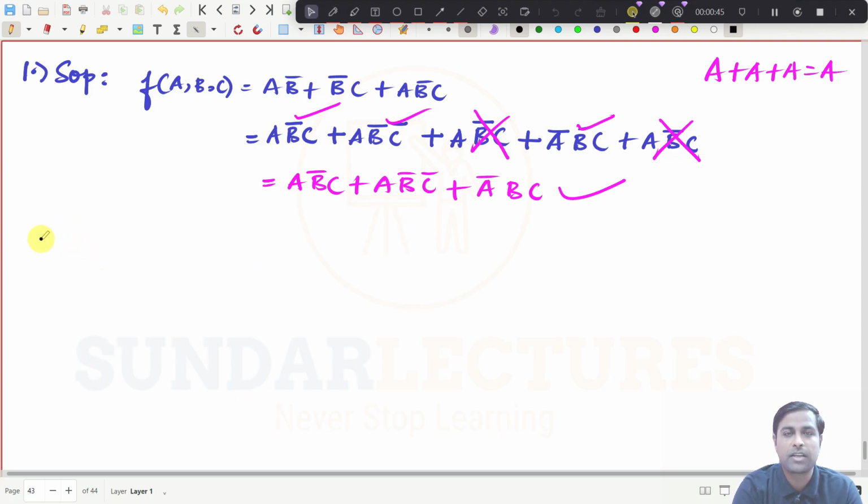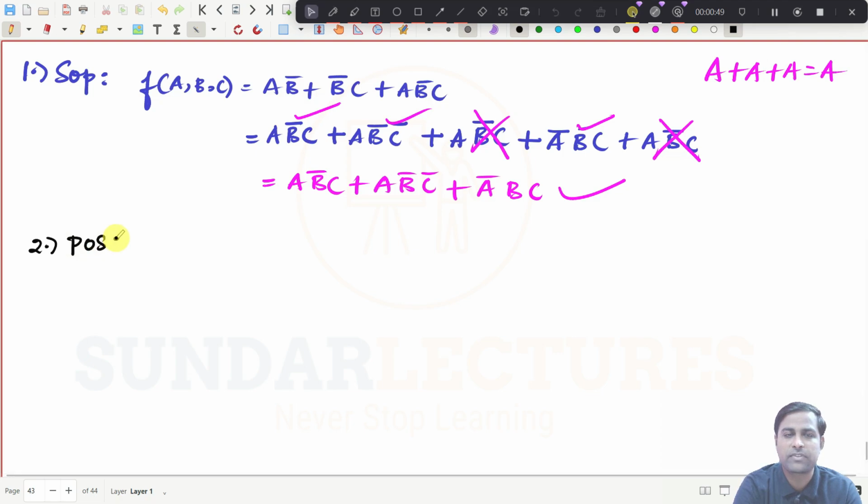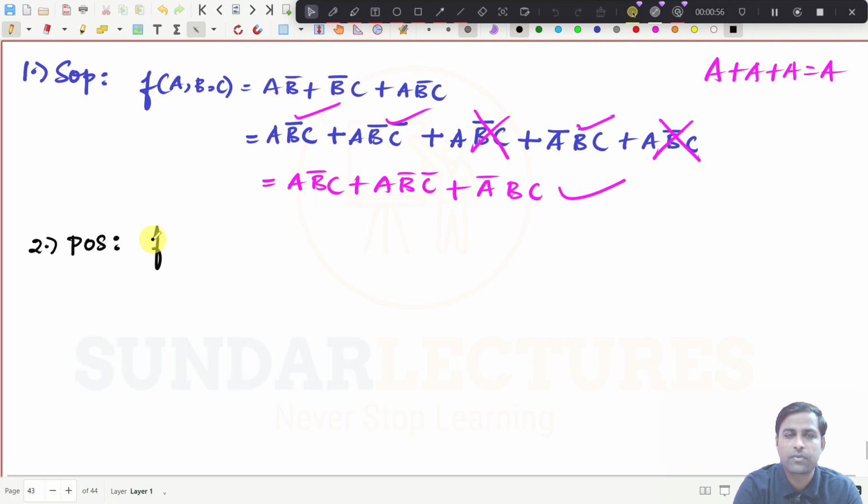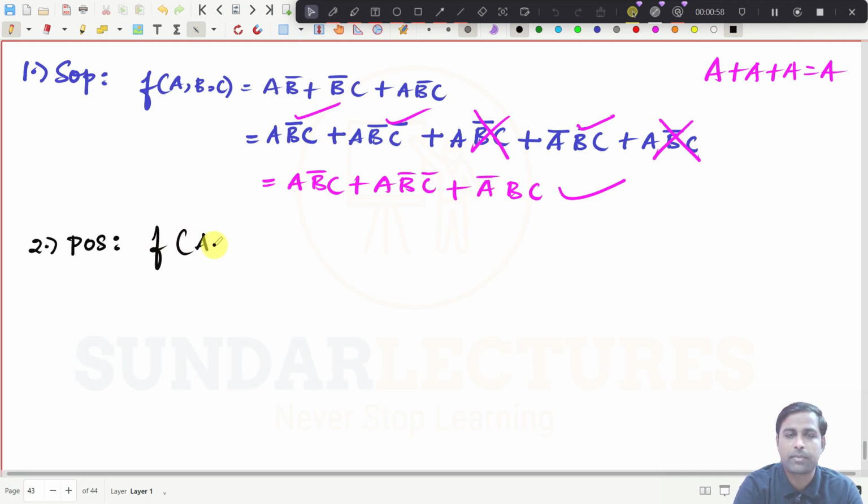For example, if I take another one for POS, the shortcut method. I have told you what is the shortcut method for SOP. But for example, if you take an exam and the Boolean expression, let it be A, B, C, D, four variables.